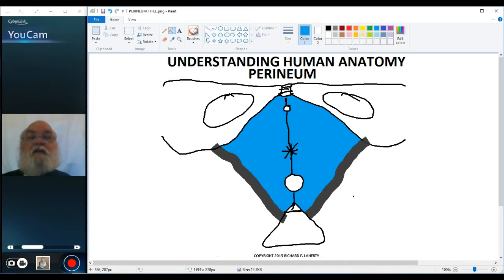So we'll have it here in blue, and we'll draw some fibers in to represent the fibers of levator ani.